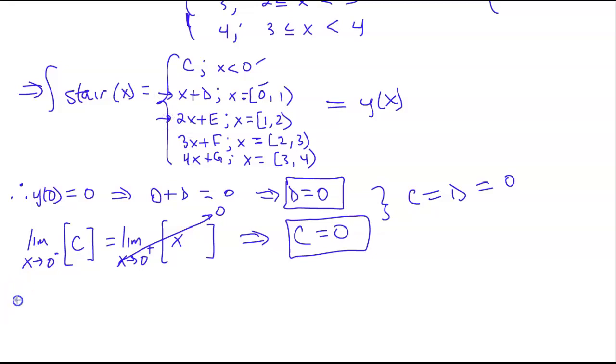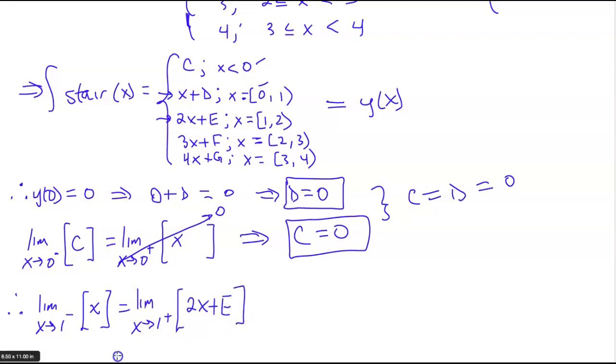So we'll do the limit as x approaches 1 from the left of this function, which is just x, equals the limit as x approaches 1 from the right of this function, which is 2x plus e. And again, that constant e, we don't know.